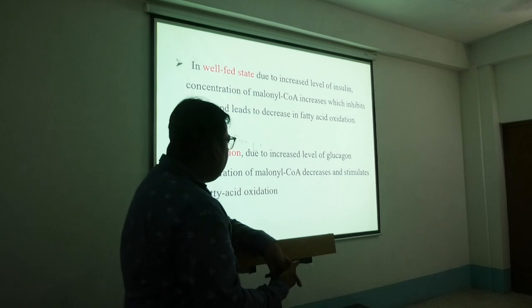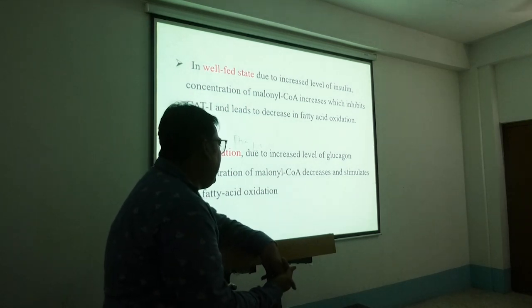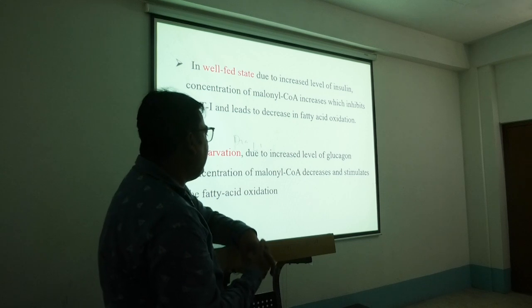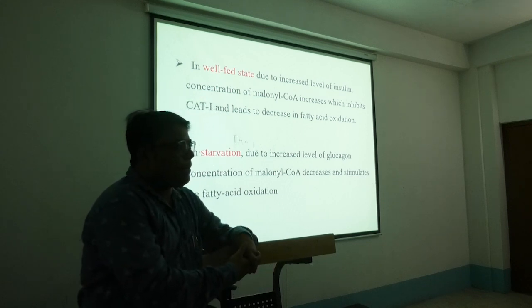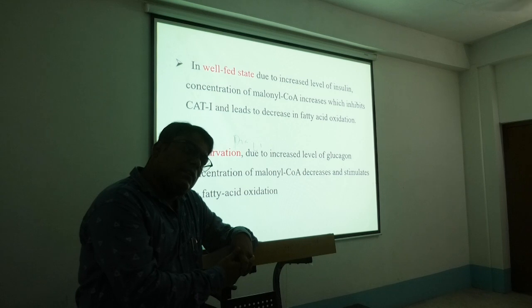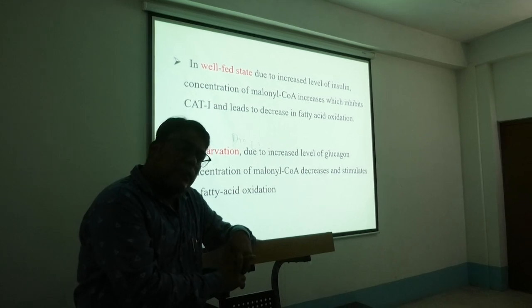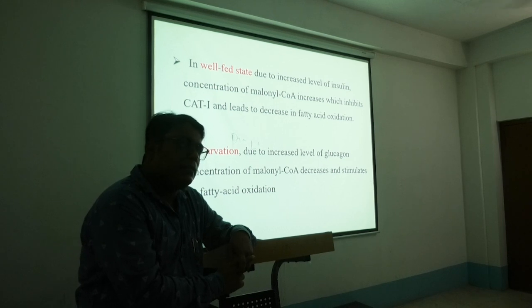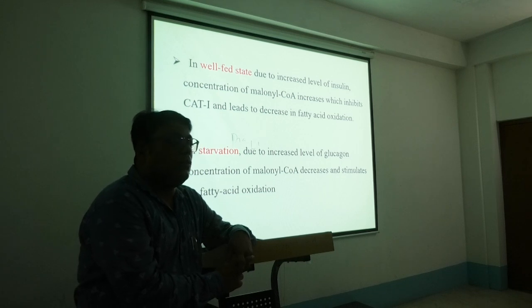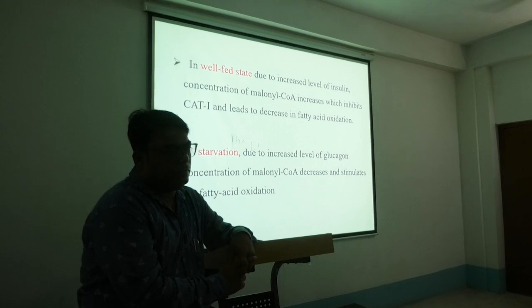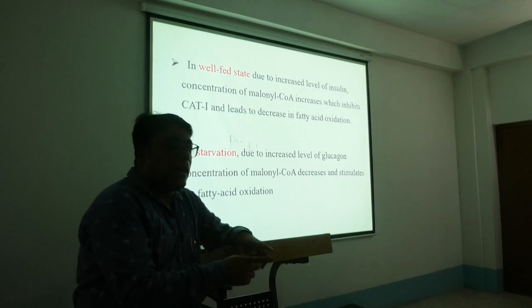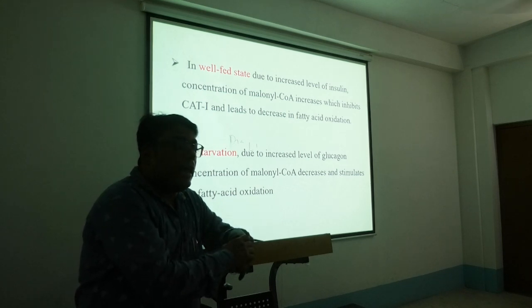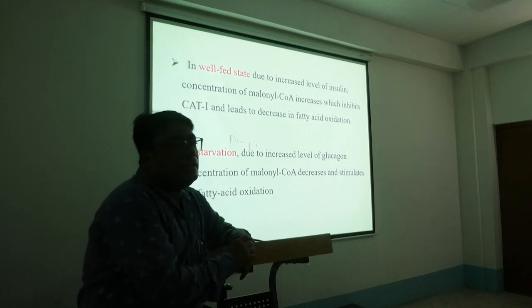In starvation, due to increased level of glucagon, concentration of malonyl-CoA decreases and it stimulates the fatty acid oxidation. Just support, where is glucagon present in this metabolic pathway? बताओ. ग्लूकागॉन कौन से मेटाबॉलिक पाथवे में होता है? It is the antagonist of insulin and it is present in gluconeogenesis.